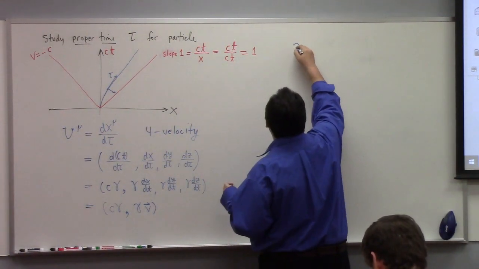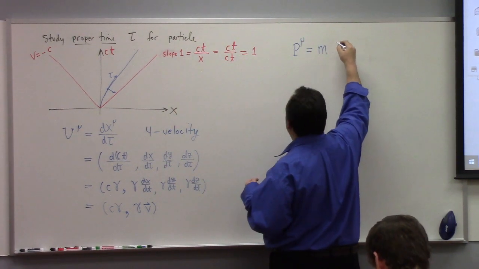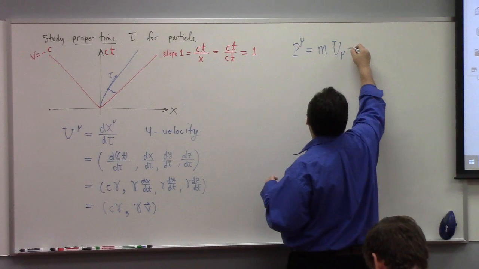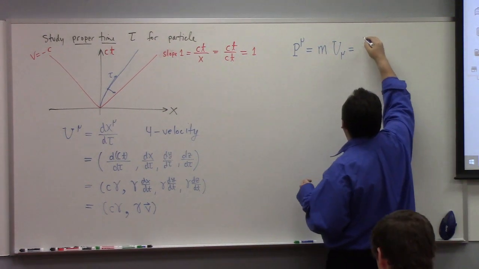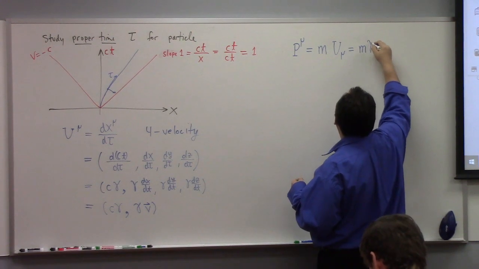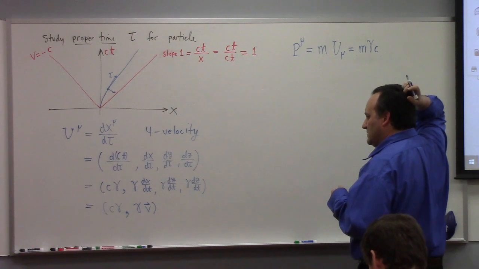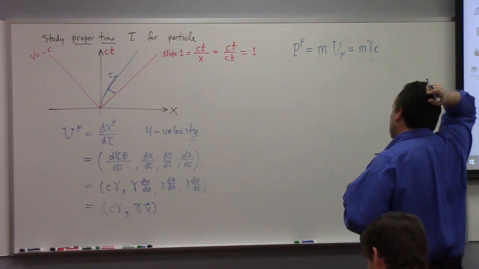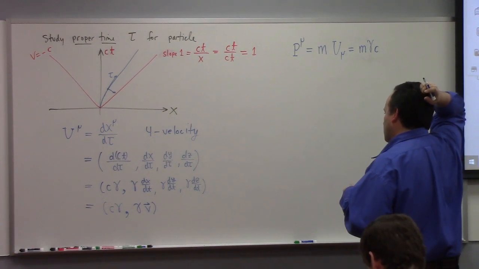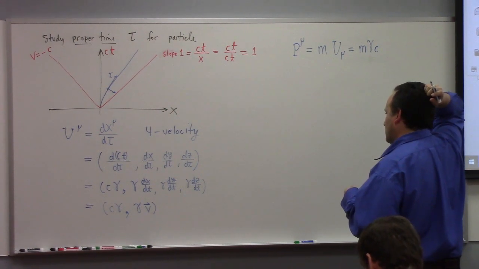Then you define the 4 momentum. The 4 momentum is equal to the rest mass times the 4 velocity. So the way that works out is you've got yourself an m, well, you've got m gamma c, right? I feel like I'm missing something dimensionally. c is in meters per second.